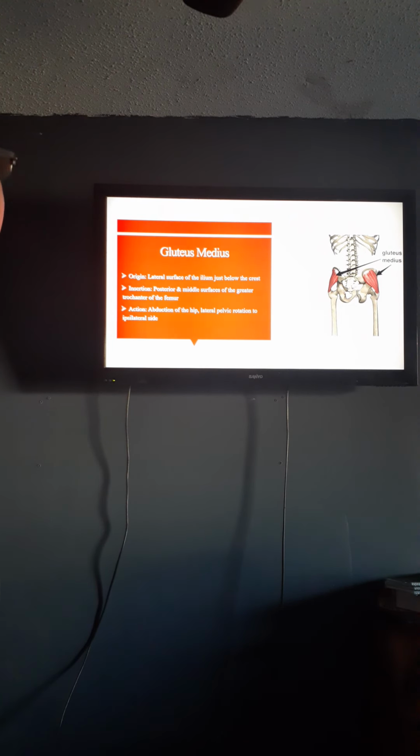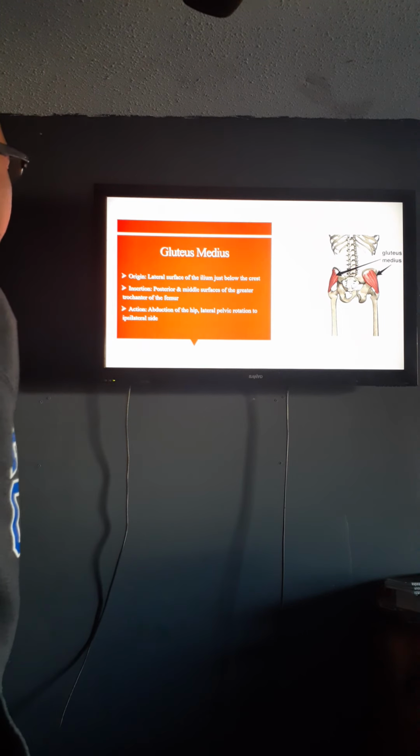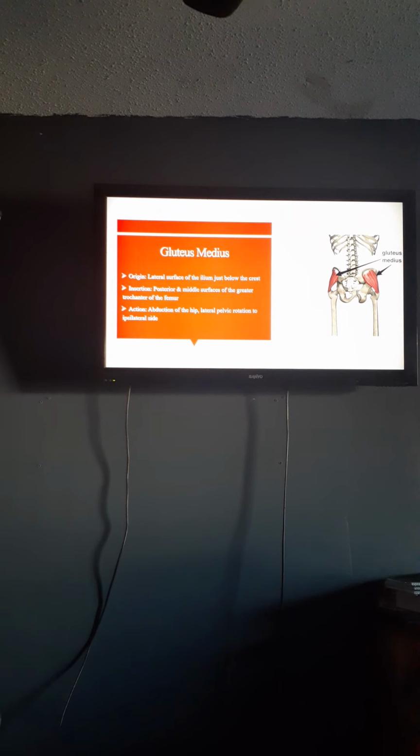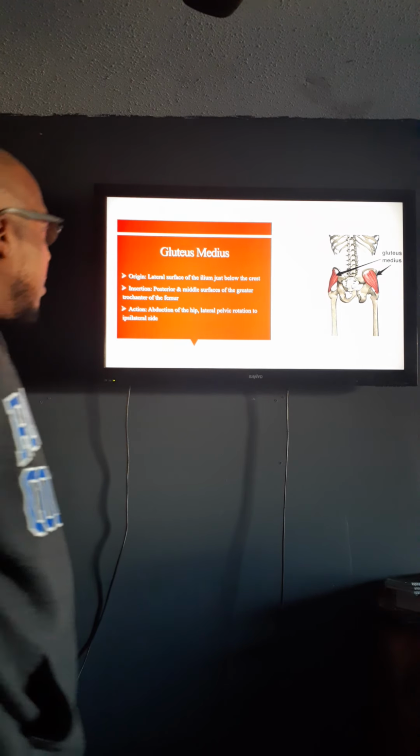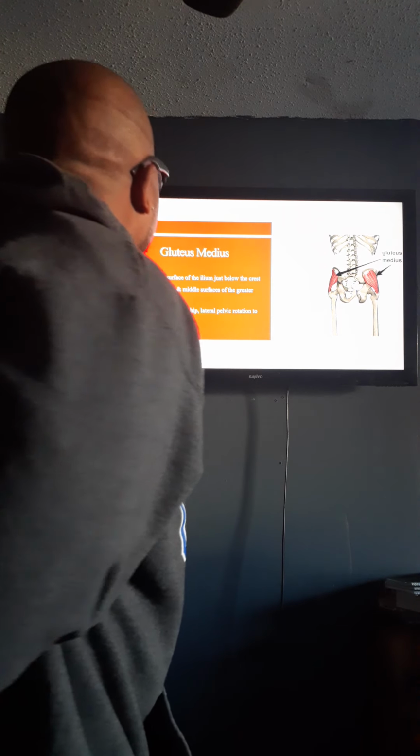All right, so the gluteus medius origin is lateral surface of the ilium just below the crest. Insertion is the posterior and middle surfaces of the greater trochanter of the femur. Action is abduction of the hip, lateral pelvic rotation to the ipsilateral side.